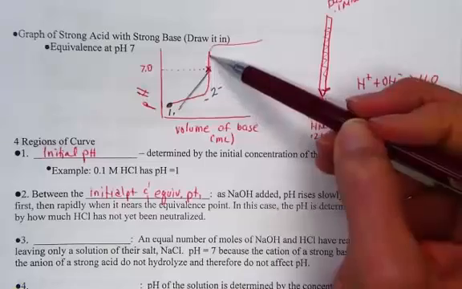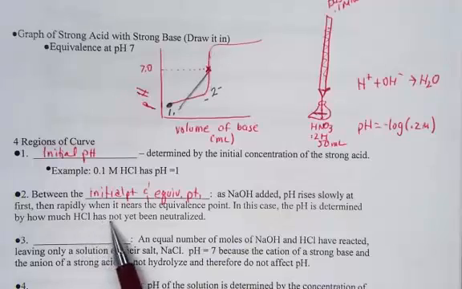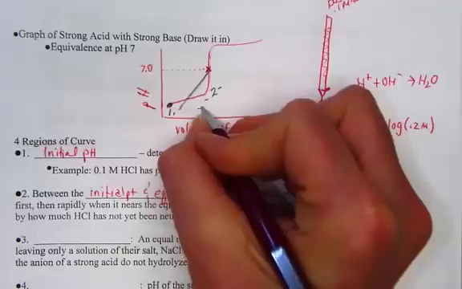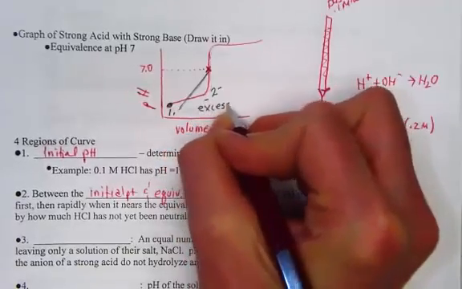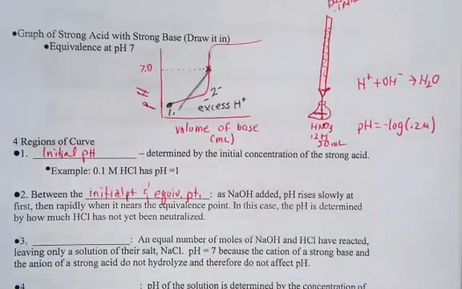Notice how it gains a steep curve. In this case, the pH is determined by how much acid has yet to be neutralized. So in this area, keep in mind, we have excess acid, and that amount would be used to determine pH, negative log of the excess amounts.